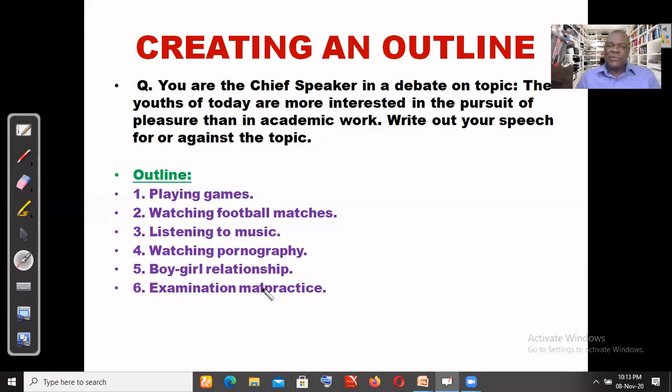Writing a speech, or indeed any other meaningful piece of writing, is like building a house. And a good house is designed and properly planned before the building starts, so that the builder goes into the site with a building plan, and that's the way it is done.